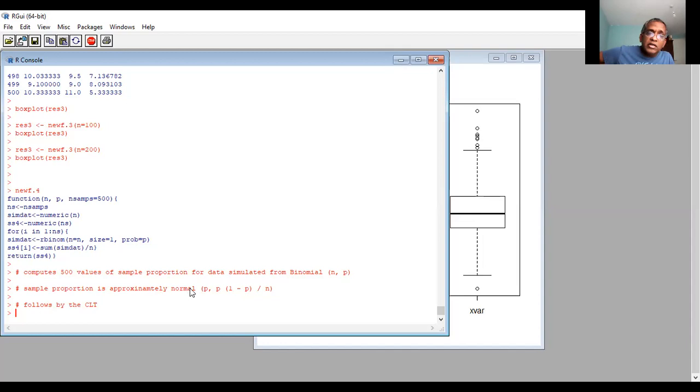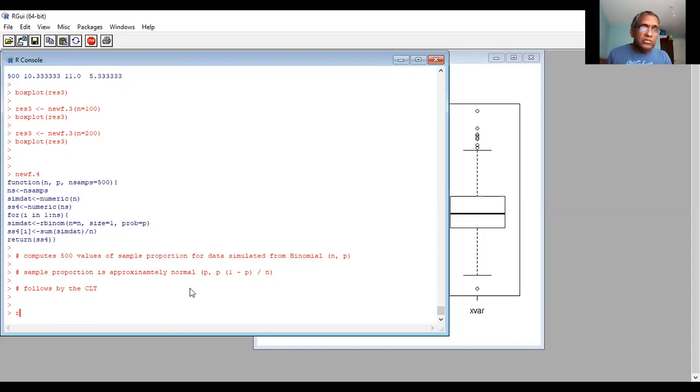This is a theoretical result, so I'm going to illustrate it using simulation, right? The first thing I'm going to do is use the new function dot 4 with n equal to say 100, and let's choose p to be 0.6, right?